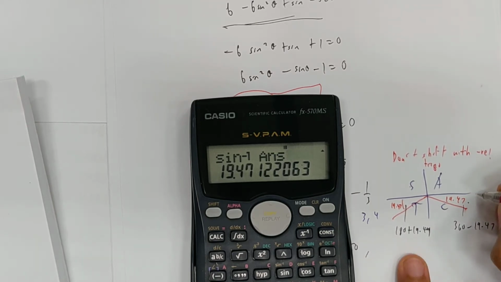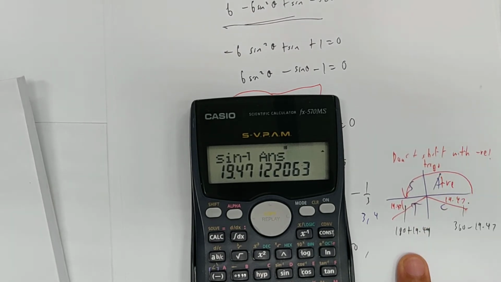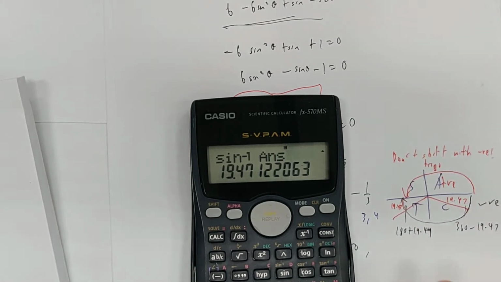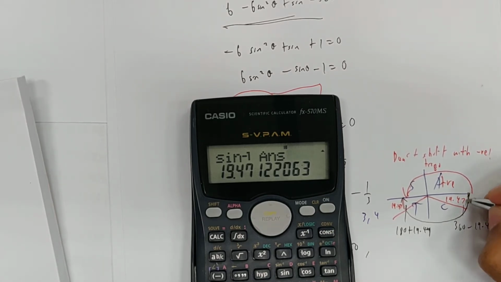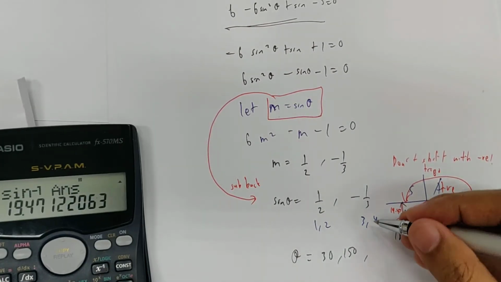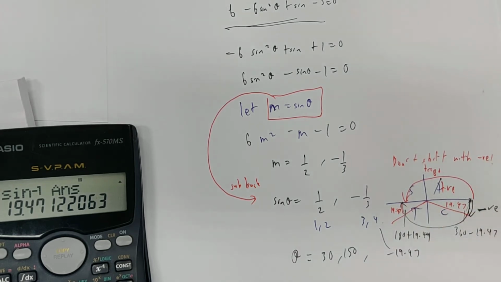So this is positive, which means this is negative. So from here until here, what about here? Negative 19.47, okay? So quadrant 4 is negative 19.47.